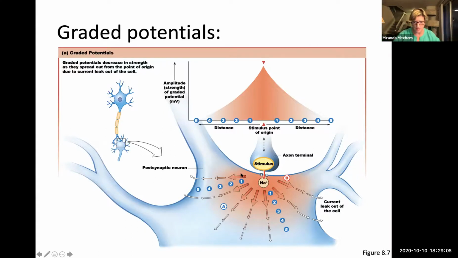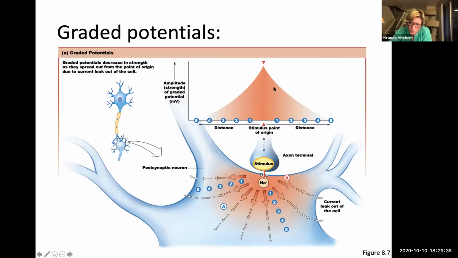So the bigger arrows mean there's a stronger message. But as we move further away from the exact point where the stimulus is received, the message dissipates and becomes weaker. A lot of it leaks out of the cell. There's no myelin here. This isn't an axon. So there's not a way to more effectively concentrate that signal into one area of the cell. So it may be that there is enough signal, it may be that there isn't.